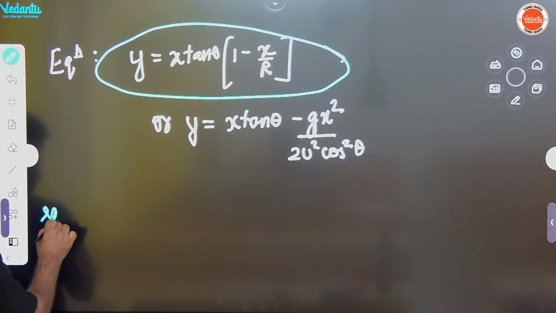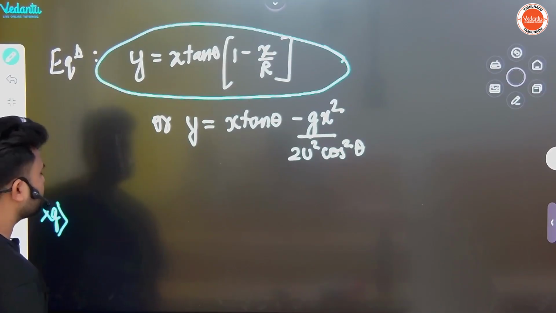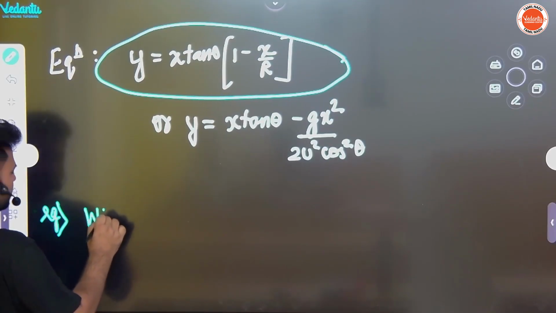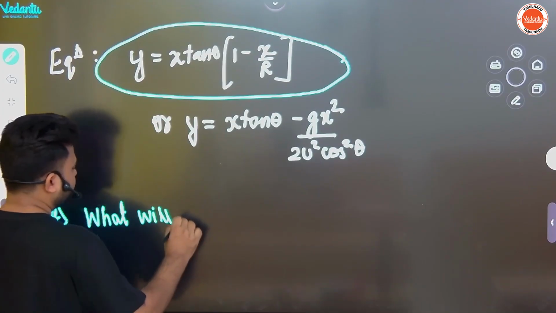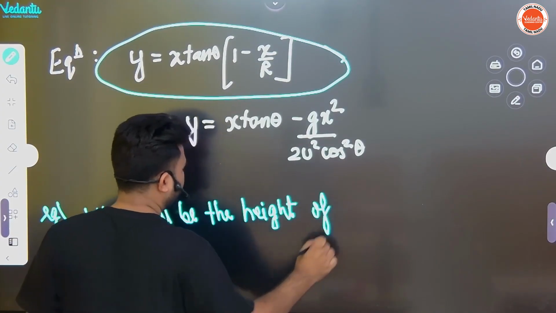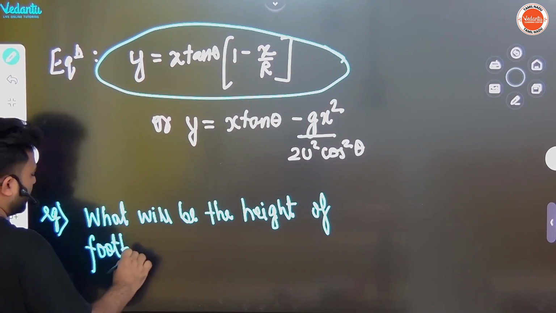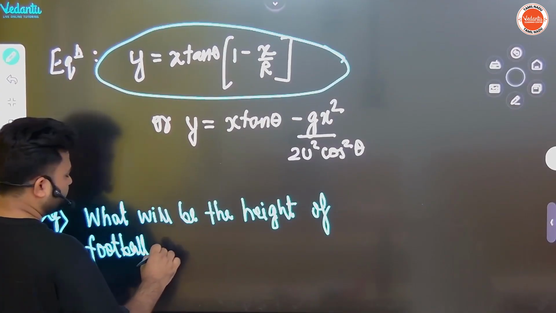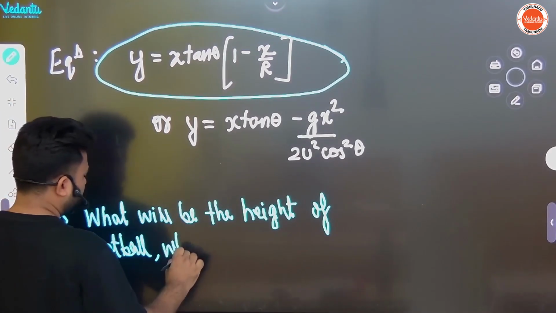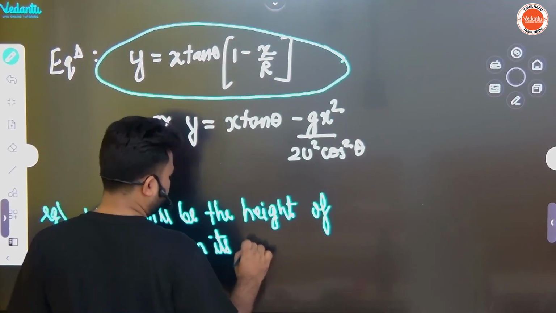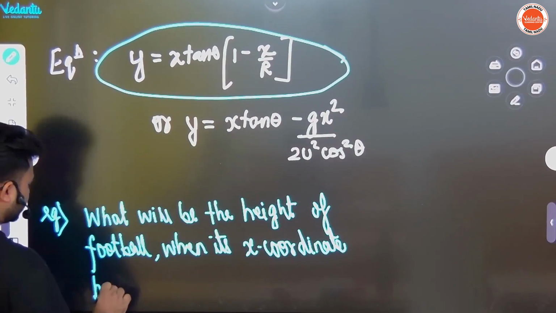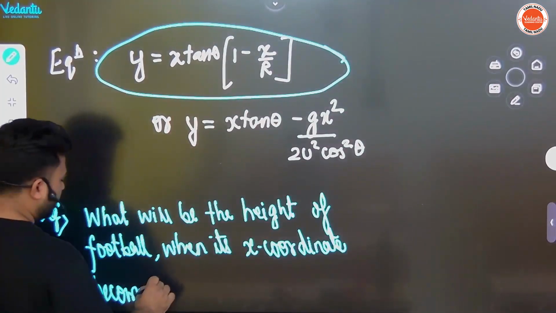Like one question I am saying. What will be the height of the football when its x coordinate becomes 1/3 of range?